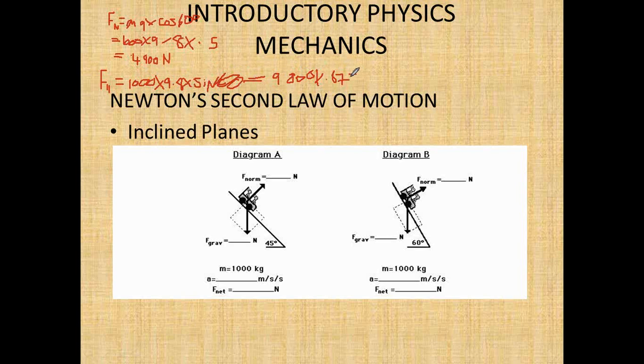And that's equal to, all right, so we're going to multiply 9,800 times 0.87, and that is 8,526.